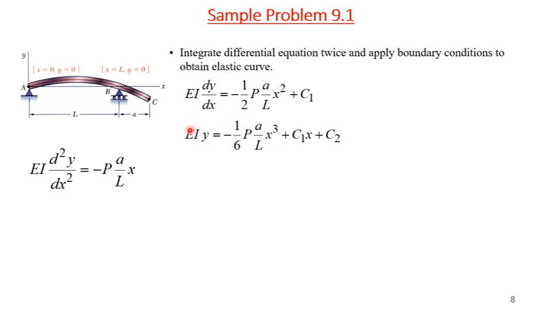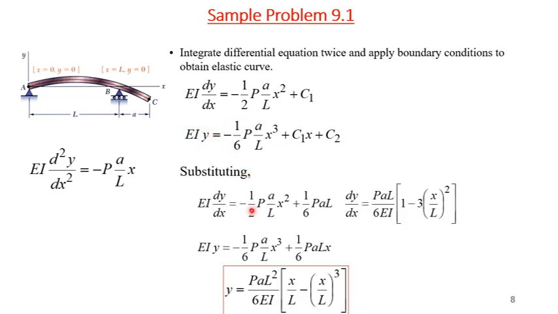Okay, so when we put the boundary conditions, we have the equations of C1 and C2. So dy by dx is equal to minus 1 by 2 PA by L x square plus 1 by 6 PAL.